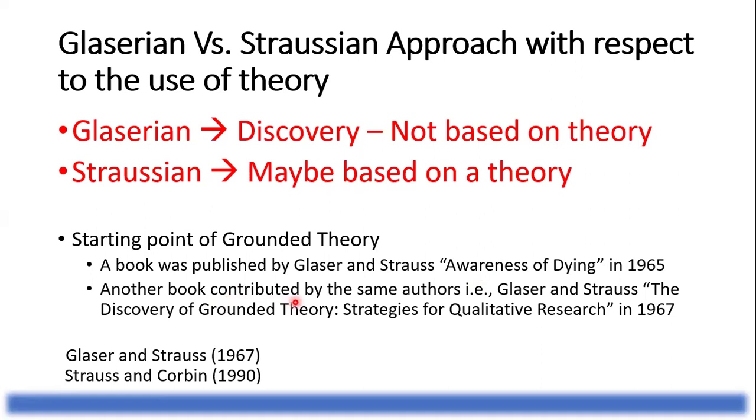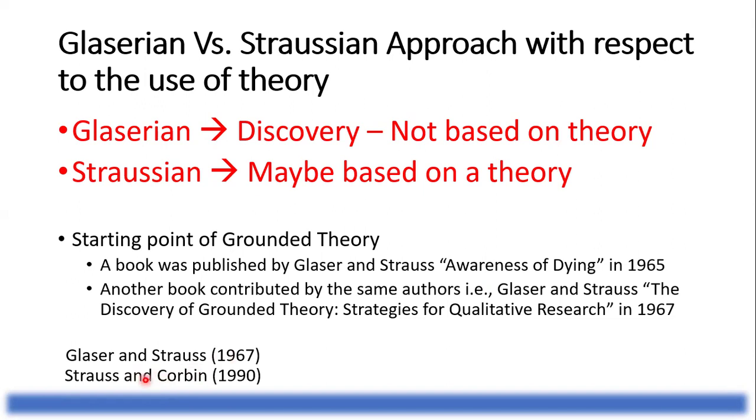Then another book by the same authors, Glaser and Strauss, The Discovery of Grounded Theory, was published in 1967. That gives a detailed view about the grounded theory concept. So this is how grounded theory was initially developed.